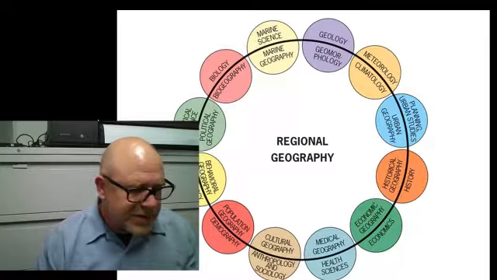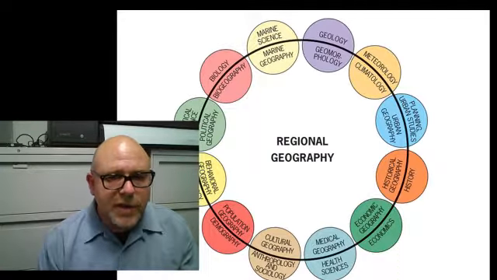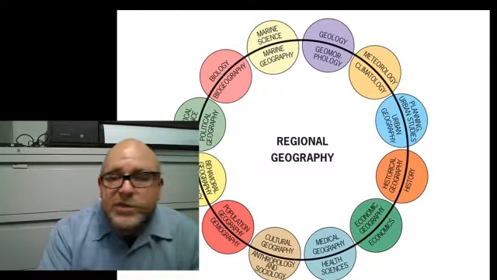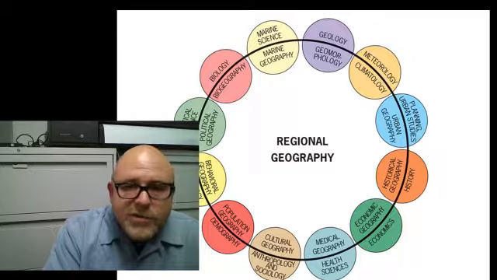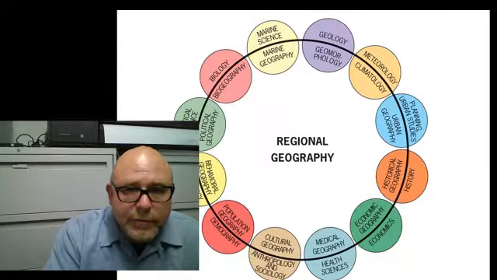And we use both cultural and physical geography in all different subfields to understand places of the world or different regions of the world. And this is what we call regional geography. Regional geography is about utilizing all the tools of geography to help understand different places, both maybe locally and, in this case, globally.